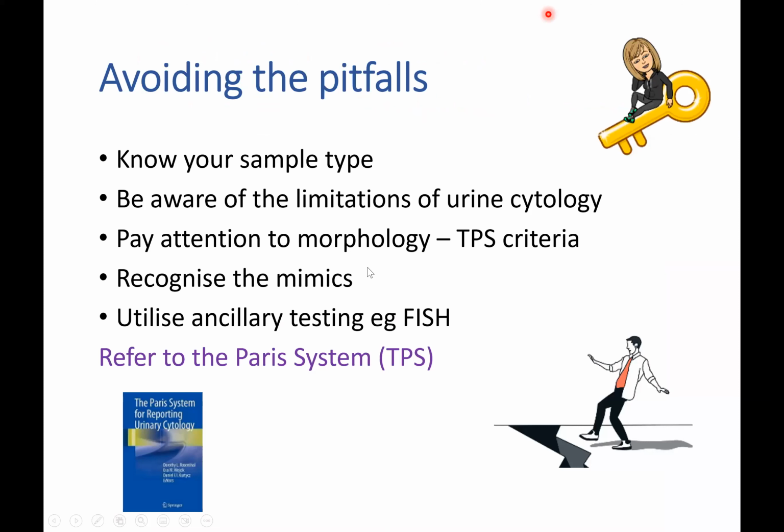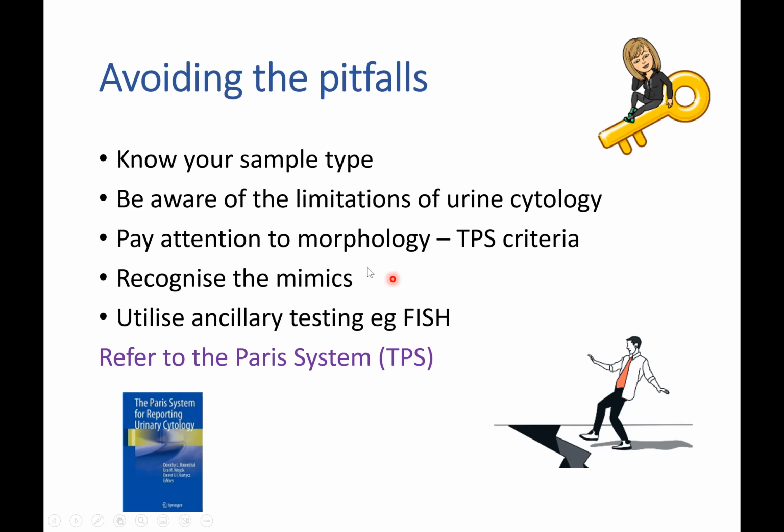Then, to avoid the pitfalls in urine cytology, be familiar with the sample type you're dealing with. Be aware of the limitations of urine cytology, especially with low-grade abnormalities. Pay close attention to the cytomorphology, applying the Paris system criteria when relevant.